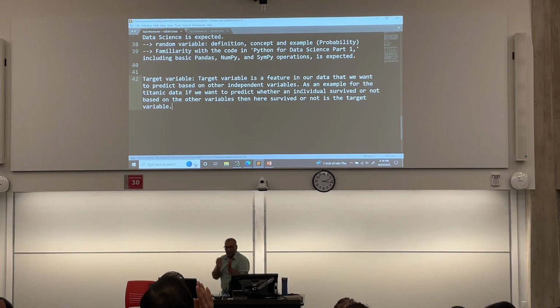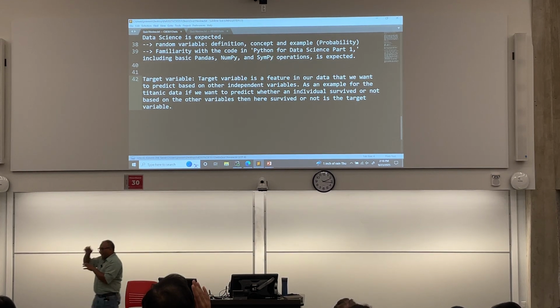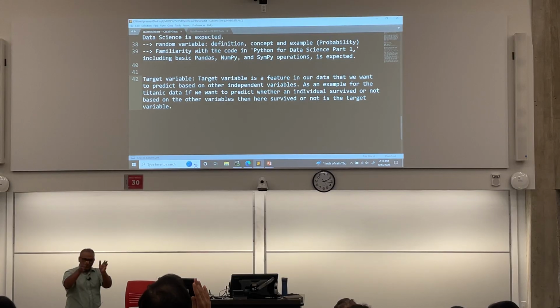Sounds good? Tell me, please help me with the typo. W-H, whether. Correct that, okay? Is it okay now? I'll give it a better structure. Make sure that the meaning is clear.